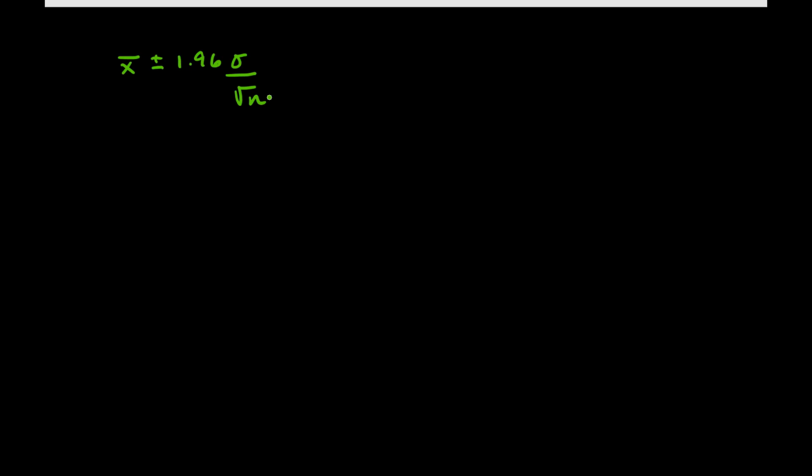In our example, our x bar was 105.2. We're adding and subtracting 1.96 standard deviations on either side of that. Remember, our sigma in the problem was 10, and our sample size was n equals 75.